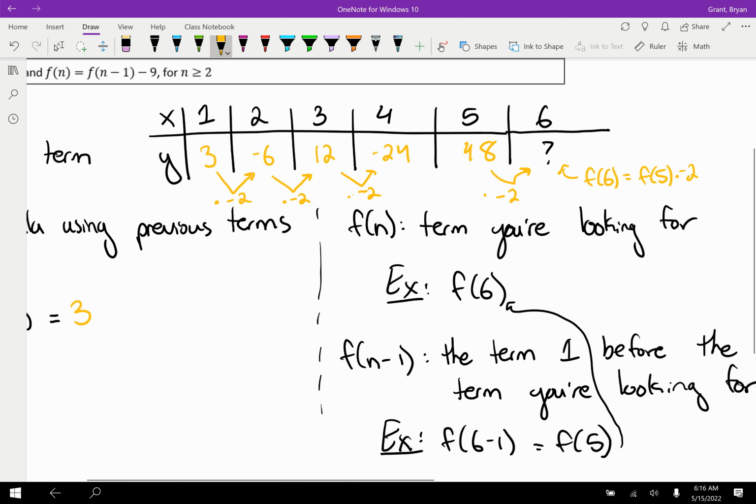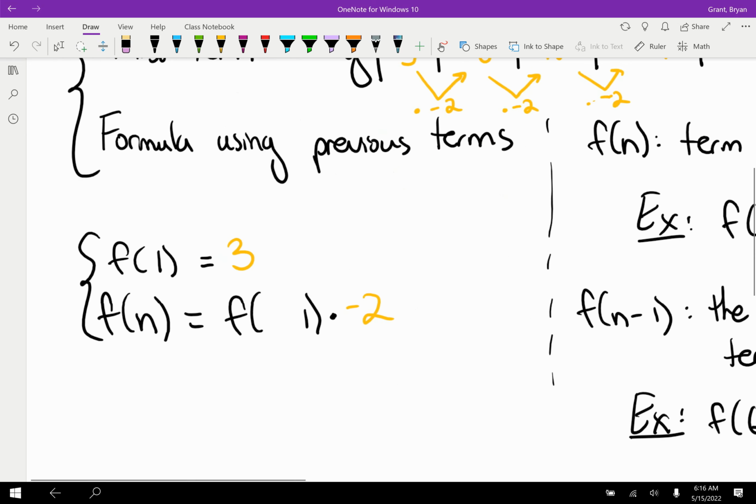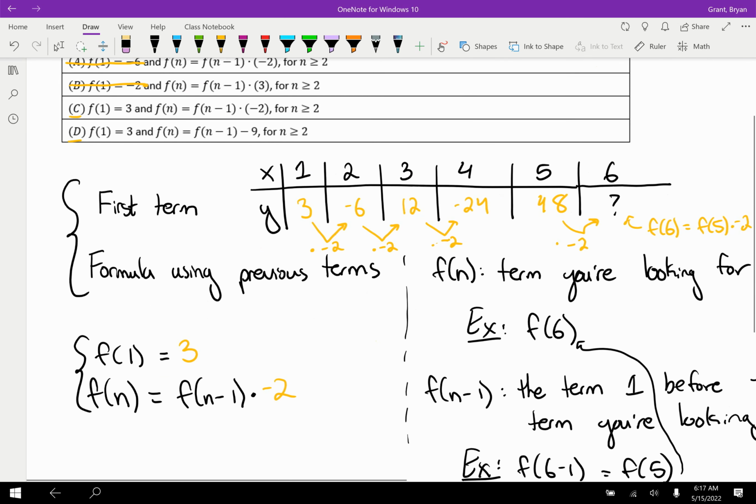And the way that we write that using our function notation is that f of n, the term you're interested in, is found by looking at the term 1 before and multiplying by -2. This is called a recursive formula. In order to find a current term, you look at a previous term and figure out what the pattern is. And by looking at that, we should be able to see that our answer here is C. That's it.